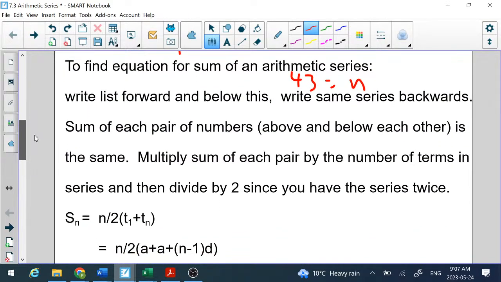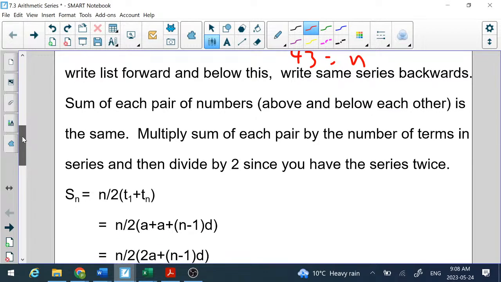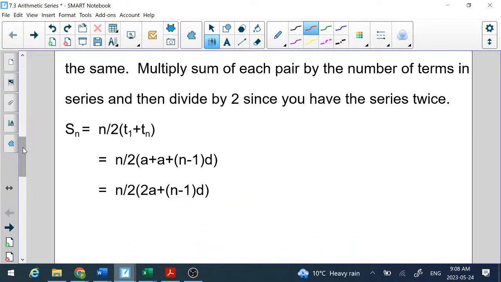So to find the equation for the sum of an arithmetic series, write the list forward, and below this, write the same series backwards. You understand I did that? In fact, you don't even need to do that. You just need to do it with the first term and the last term. And we multiply that sum that we get by the number of terms, and we divide by 2, because when you pair up the terms together, you're always going to get the same thing.